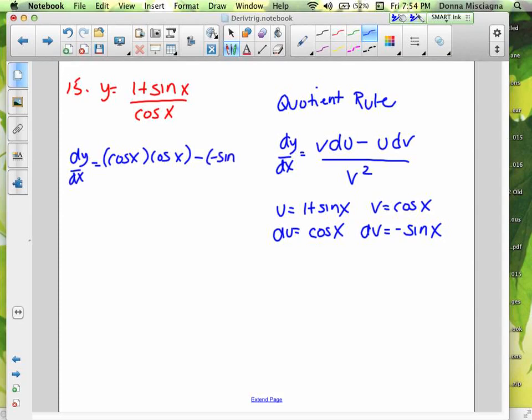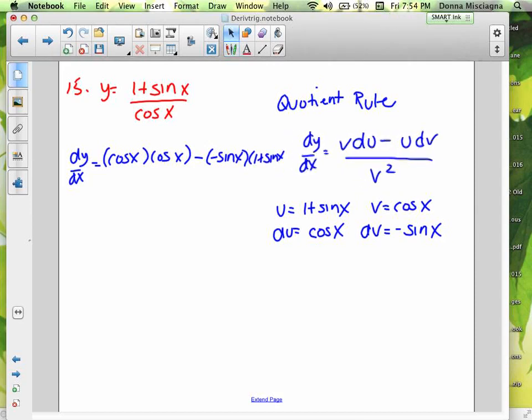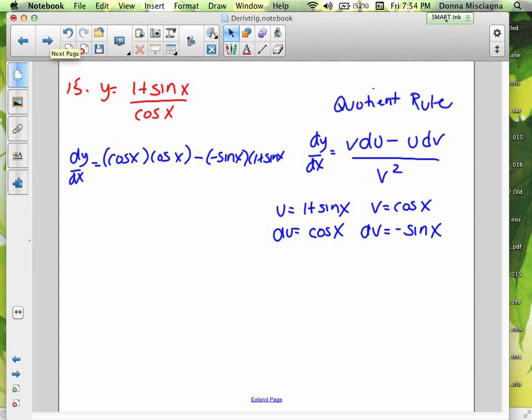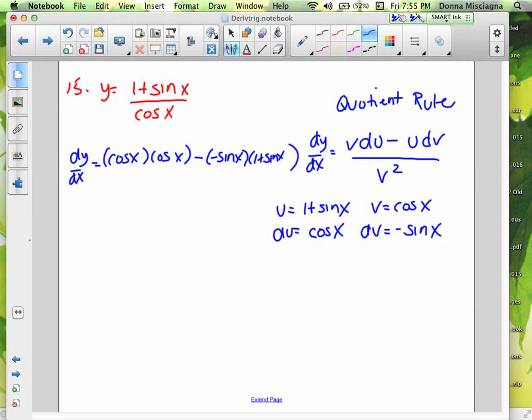I have another negative, so that's going to make it a plus, times the 1 plus sine x. I chose to write it like this. I never seem to give myself enough space. I should just know better. Because I want to make sure I simplify those negatives. All over cosine squared x.